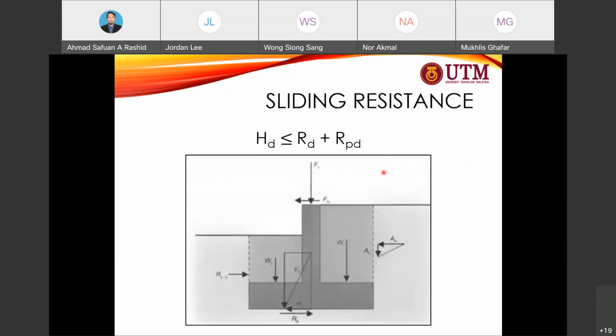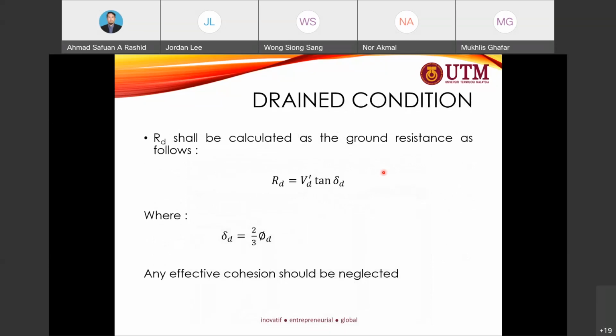So sliding resistance, this is normally used for the retaining wall structure. For the drained condition for sliding, we may use this equation.